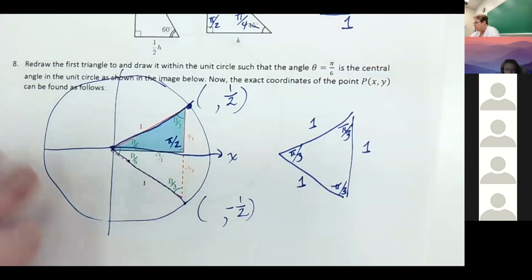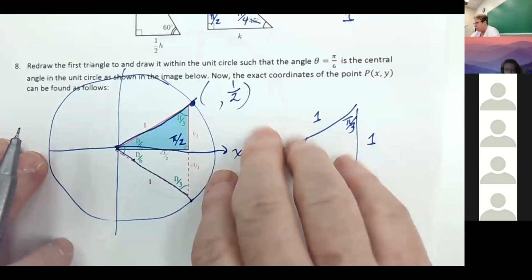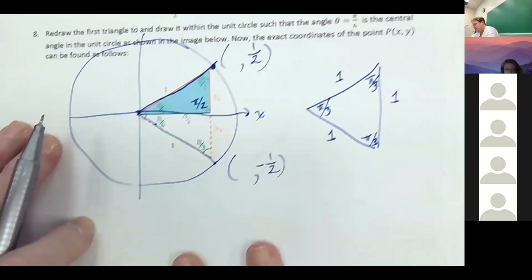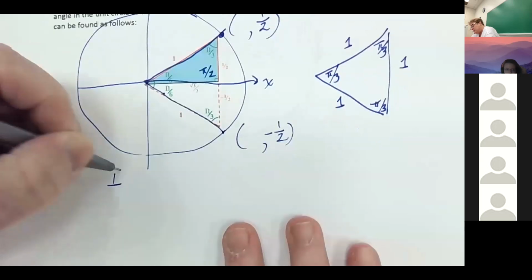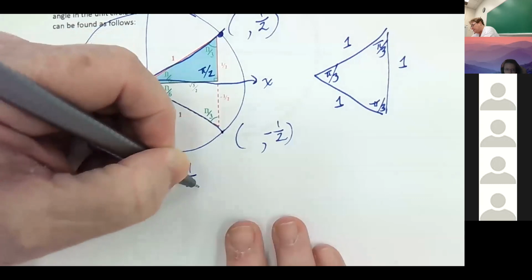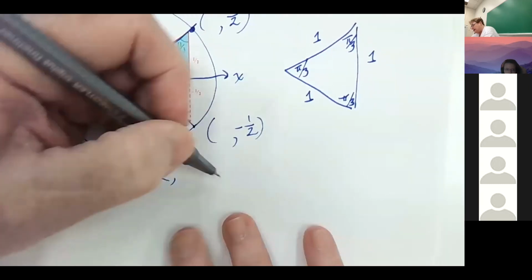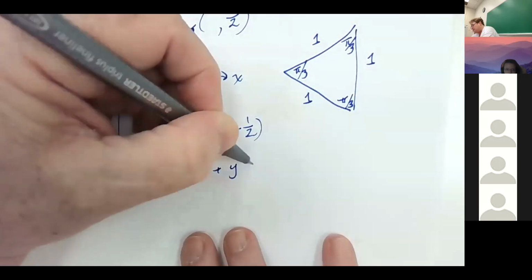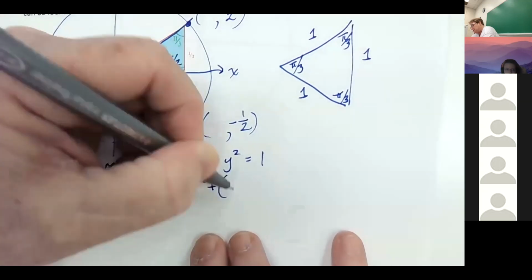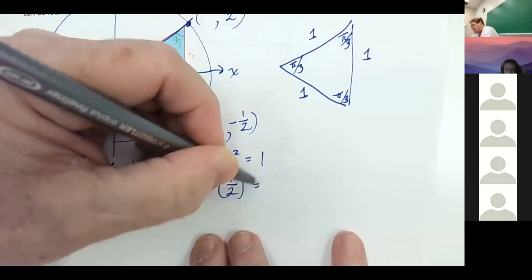And let's just go through the steps again for fun to see what the possible first coordinates are. So if y is 1/2, we know that x squared plus y squared is 1. X squared plus 1/2 squared is 1.